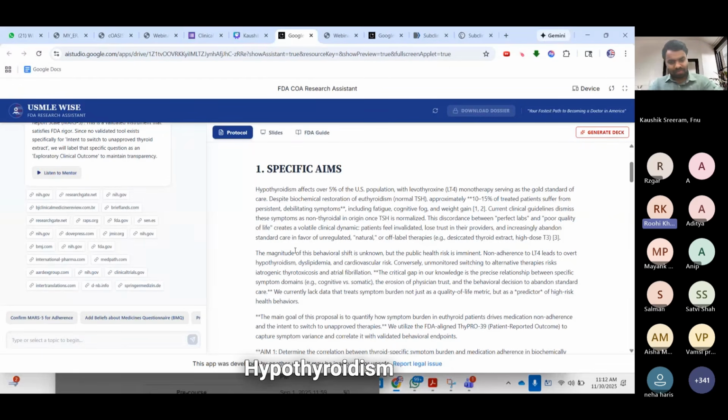Yeah, definitely. Hypothyroidism affects over 5% of the US population, with levothyroxine LT4 monotherapy serving as the gold standard of care. Despite biochemical restoration of euthyroid, normal TSH, approximately 10 to 15% of treated patients suffer from persistent debilitating symptoms, including fatigue, cognitive fog, and weight gain.